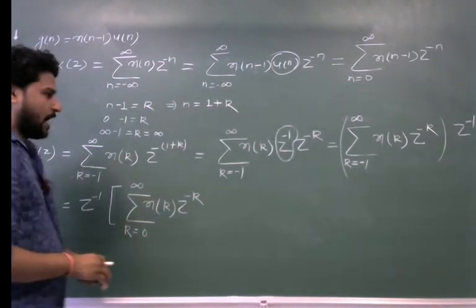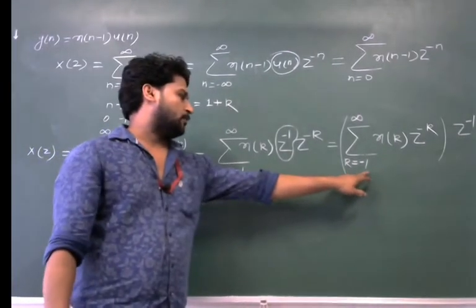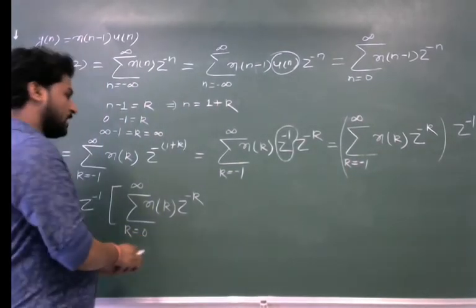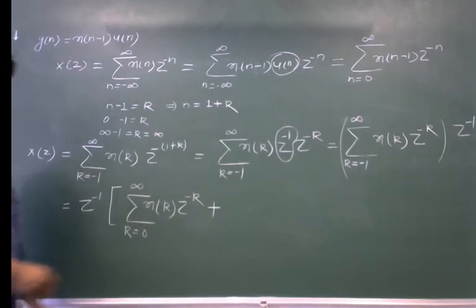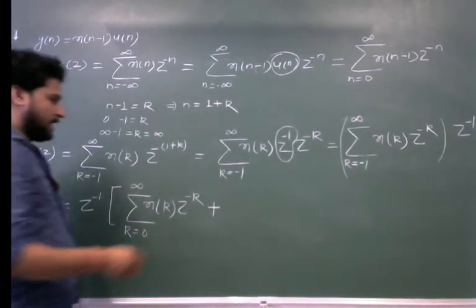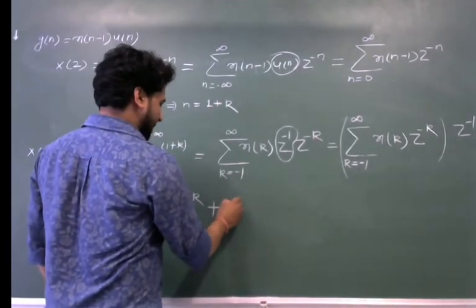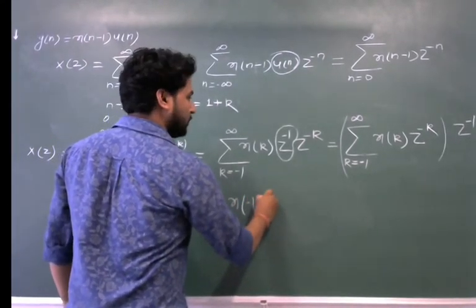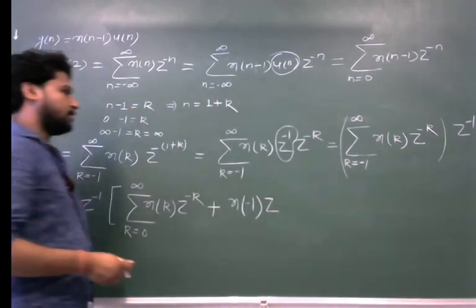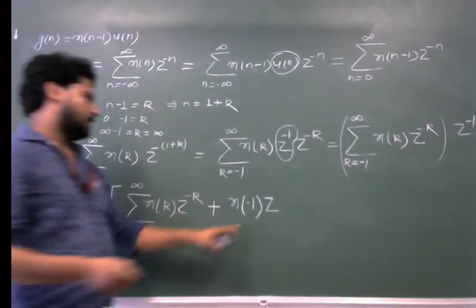But I removed k equal to minus 1 here. Then we have to add this term at k equal to minus 1, and this will become x of minus 1 into z power 1. I put k equal to minus 1, this will become z power 1.